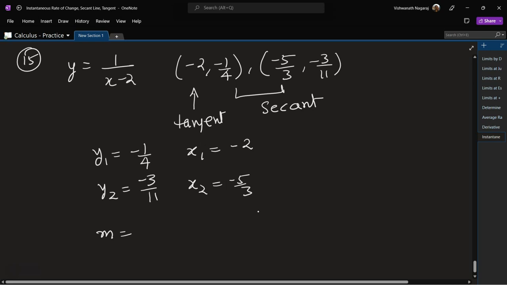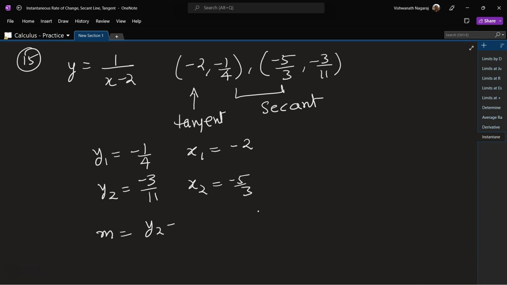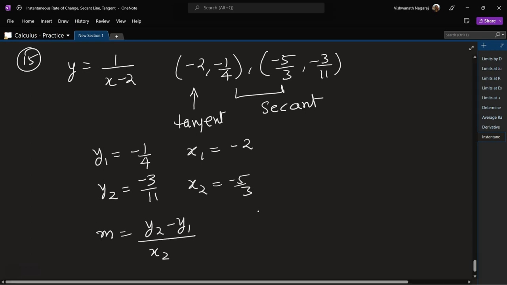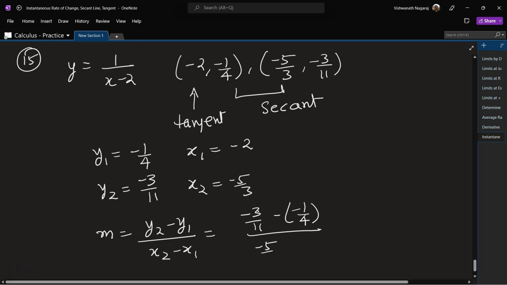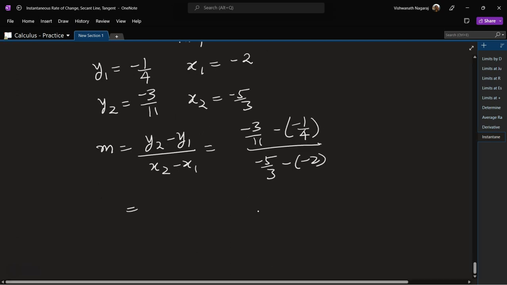Okay, so the slope between these 2 points is going to be (y2 minus y1) by (x2 minus x1), which is equal to (minus 3 by 11 minus minus 1 by 4) by (minus 5 by 3 minus minus 2). Now simplify.